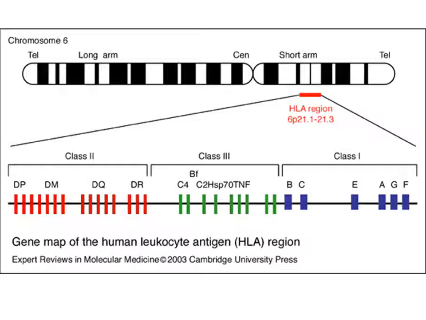It's a misnomer, but it's been used for that. So the MHC of human beings is HLA. This is chromosome 6. We have a long arm and a short arm. In the short arm, there's a region which is the HLA region.